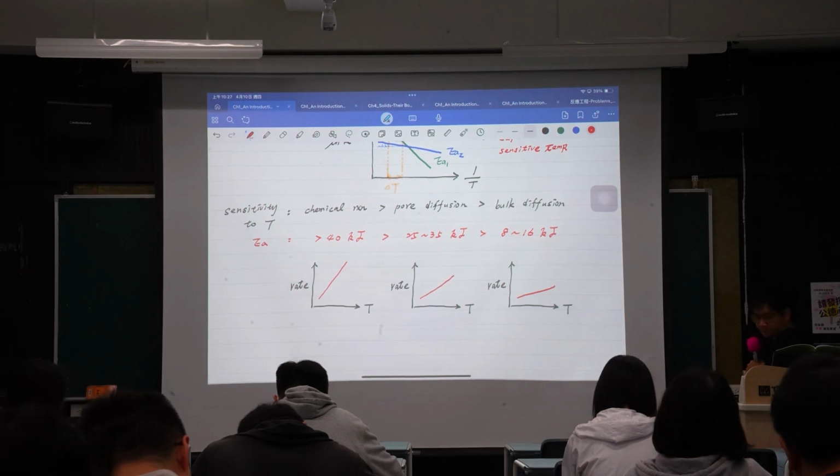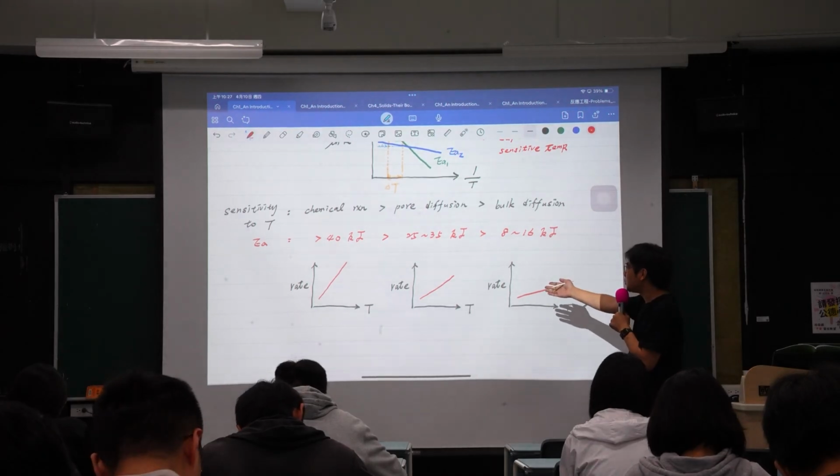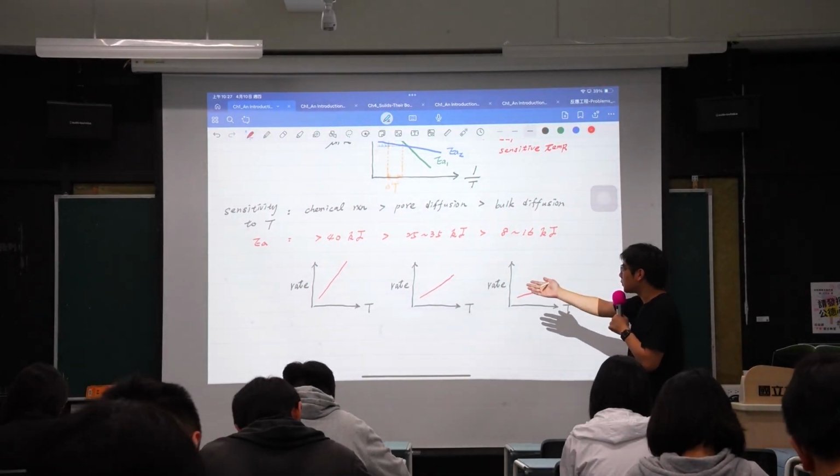As you can see, there is a difference in their slope.